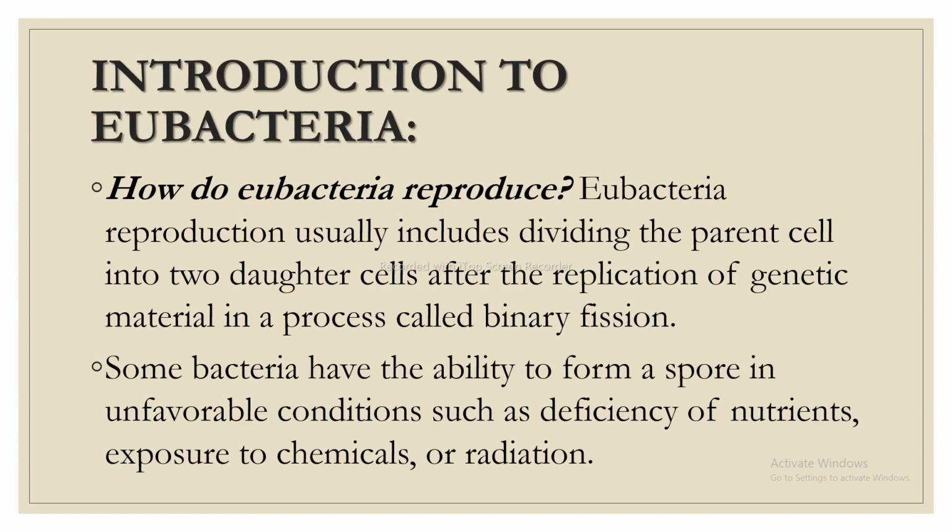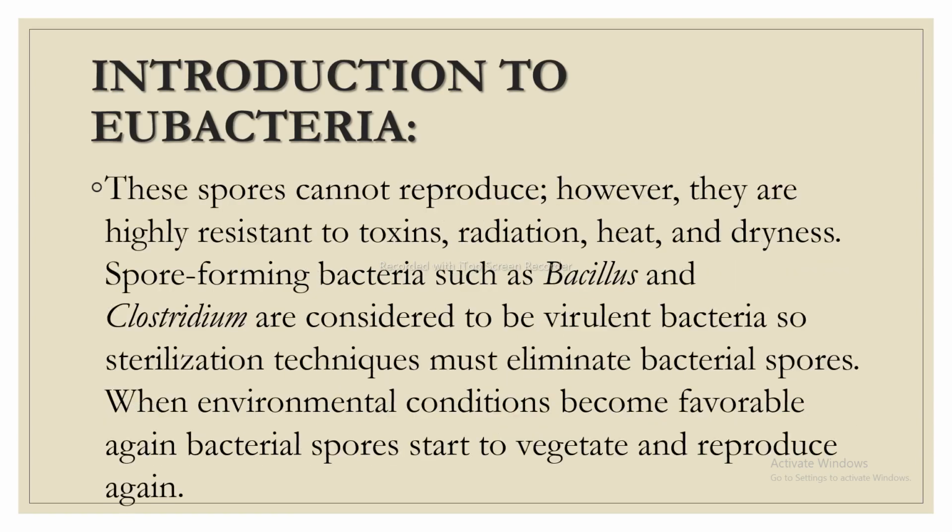Some bacteria have the ability to form a spore in unfavorable conditions such as the deficiency of nutrients and exposure to chemicals or radiation. And these spores cannot reproduce, however, they are highly resistant to toxins, radiation, heat and dryness.